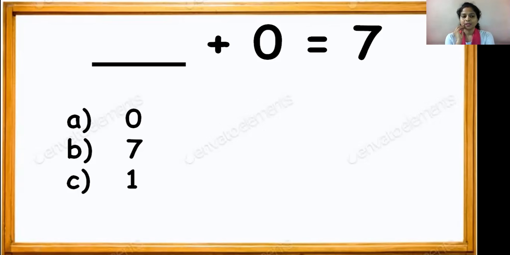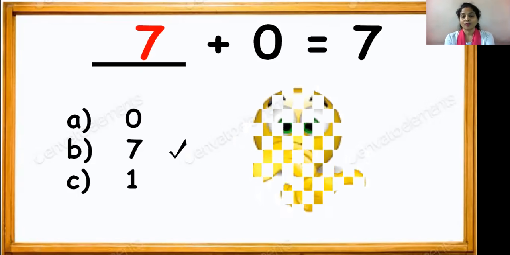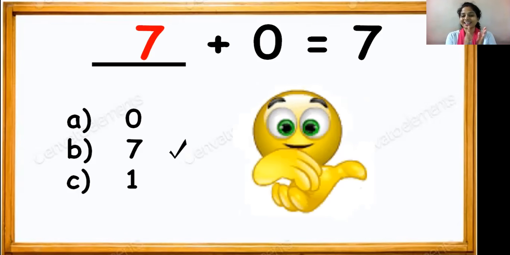No. Now look at the B part. 7 plus 0 equals 7. Let's do it. 7 plus 0. It means we are adding 0 to 7. Yes, if we add 0 to 7, then we will get the same answer, 7. Wow. Get a clap, and one more star.